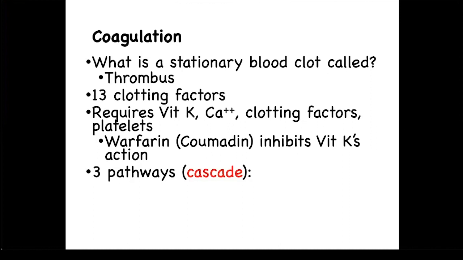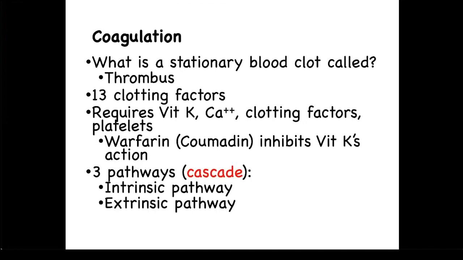In this way, it is a cascade. The 3 pathways include the intrinsic pathway, and we'll look at each one of these in greater detail, the extrinsic pathway, and the common pathway.